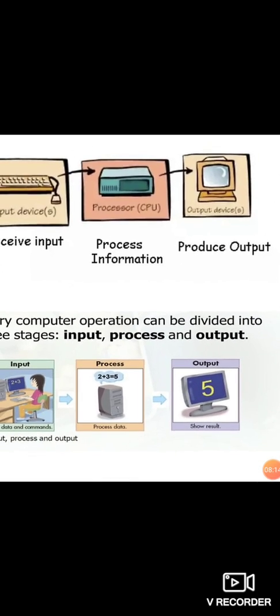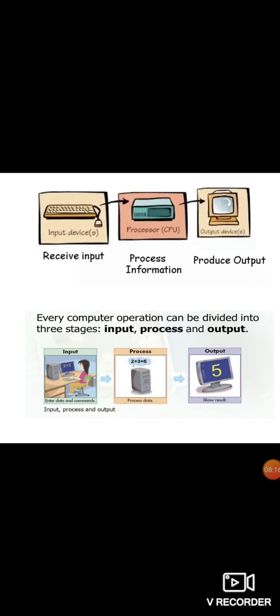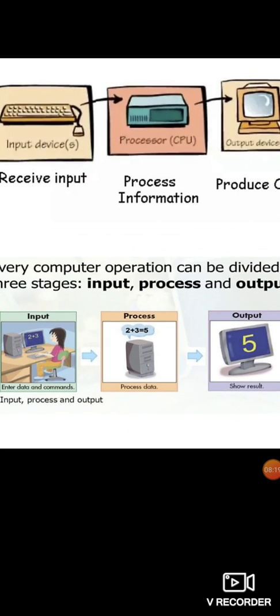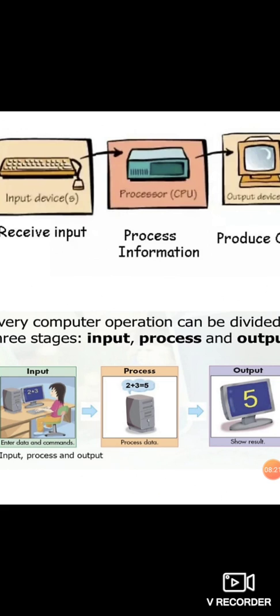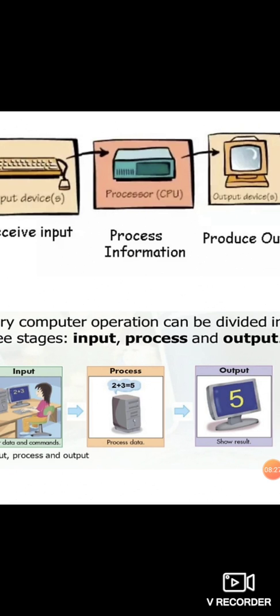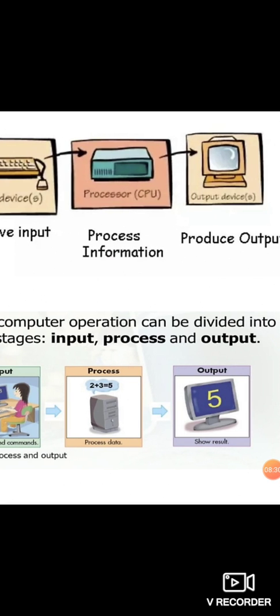So the three basic operations given here are input, process, output. Through the keyboard you type, the CPU does all the calculations, and it is displayed on the monitor screen.